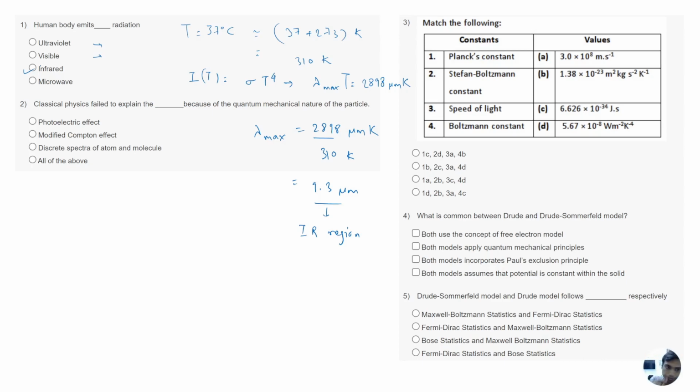Yeah. The classical physics fails to explain the death because of the quantum mechanical nature of the particle.